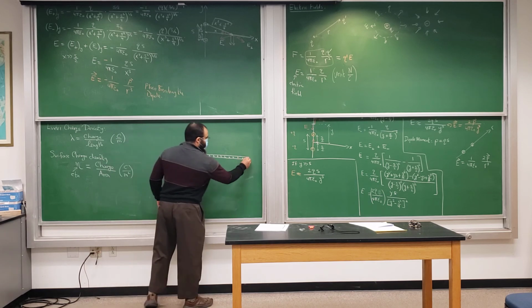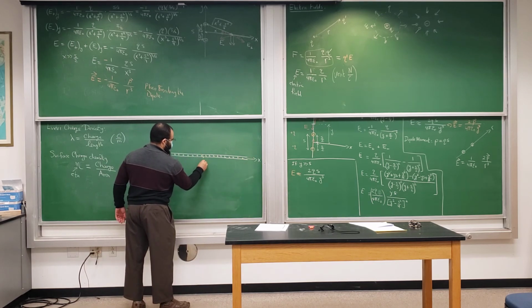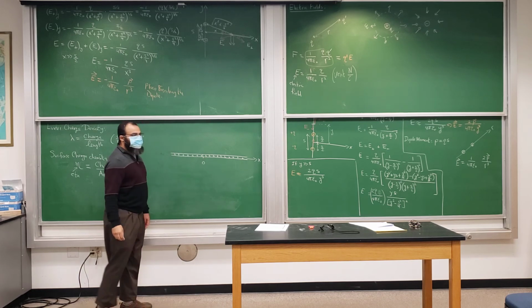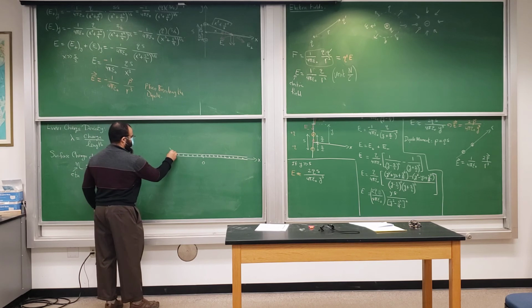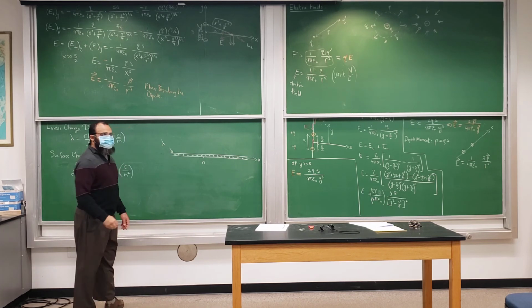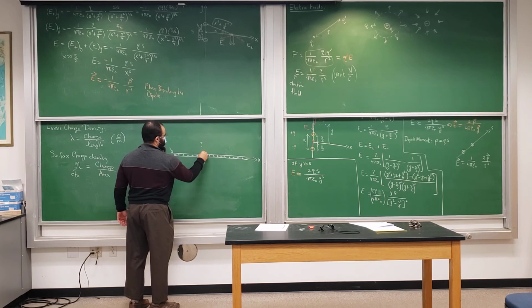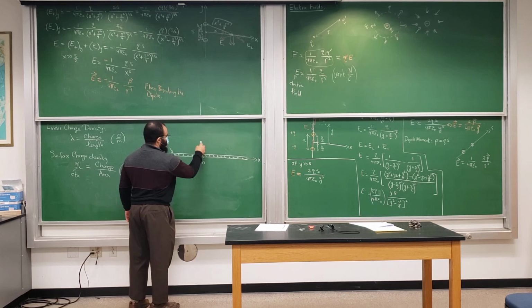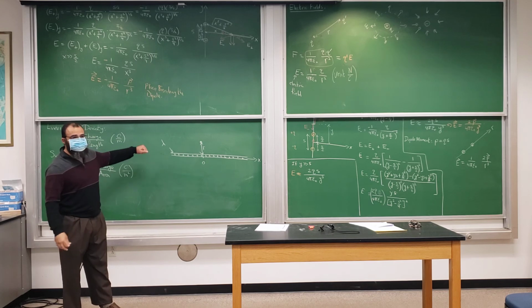Now let's say this is the x-axis. Here is x equal to 0. And the question would be, this one has charge density lambda. If I am a distance r away, so from here to here it is r, and I sit here and I ask, what is the electric field a distance r away from this line of charge?